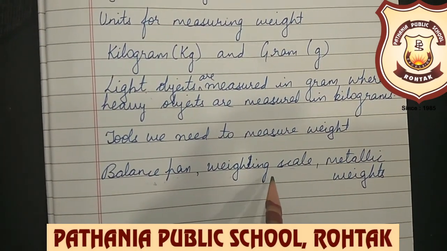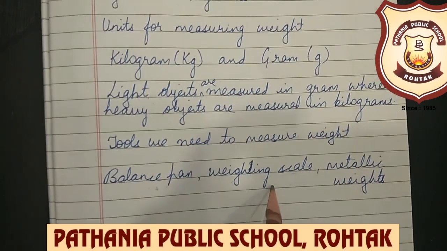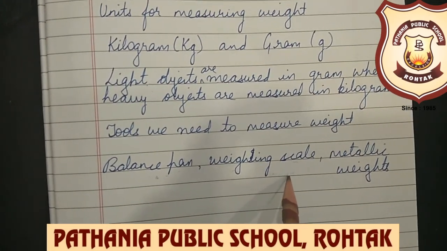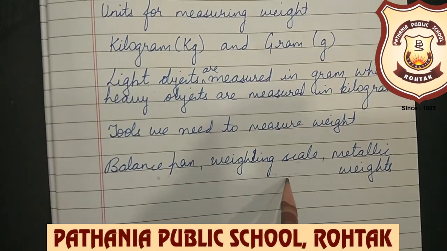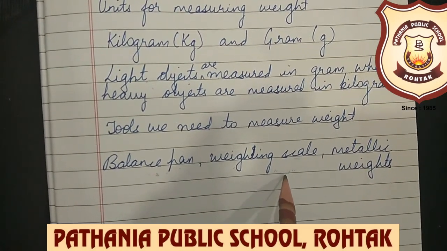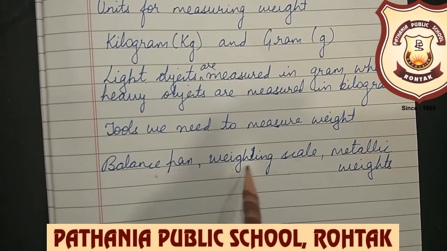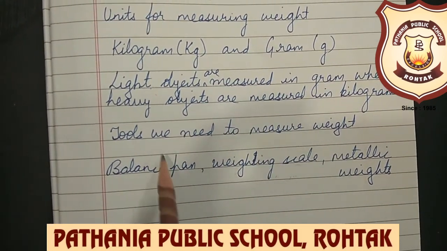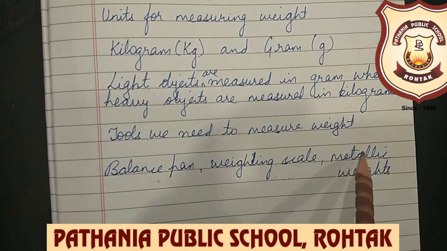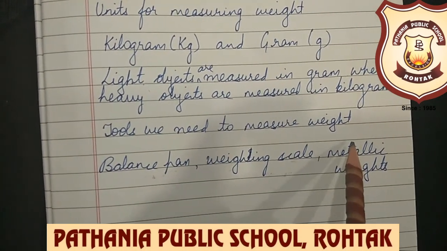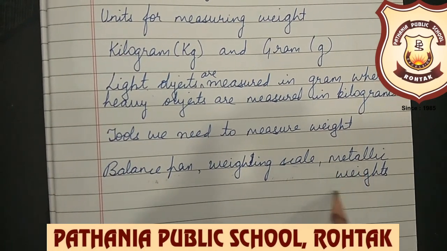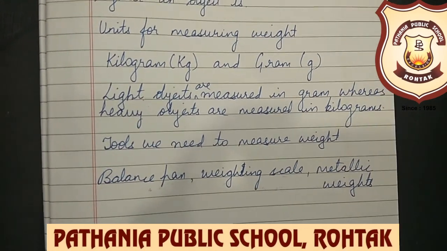We also measure our weight on a weighing scale, and a weighing scale is there in marts like Reliance Fresh and Easy Day. You must have seen a weighing scale there. And metallic weights are the weights which are used on the balance pan. The greengrocer uses metallic weights to measure the weight. So these are metallic weights.